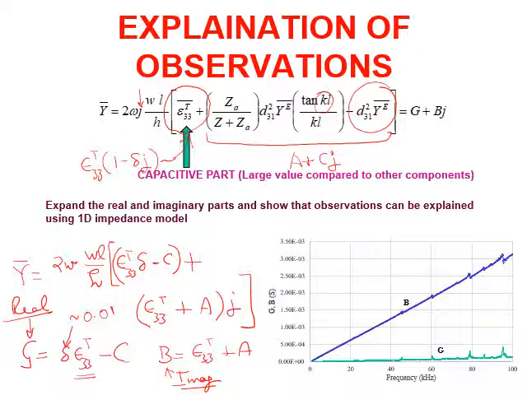This part C is coming from the structure, so that has a dominant effect. But now in the imaginary part, we find that epsilon 33 is directly coming. There is no fractional multiplier as in the previous case, and this has a very high value. So the B component is very high compared to the G component. The reason is like this.